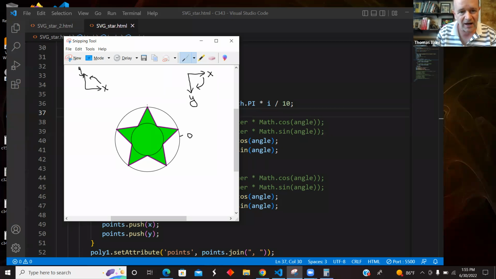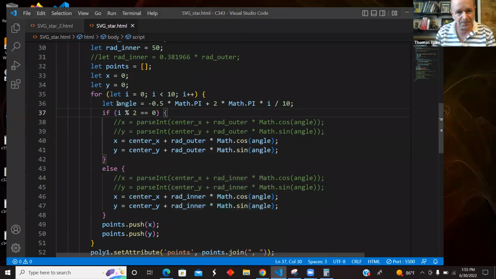So if here is my 0 angle, I'm starting off at minus 90 degrees, or in radians, minus pi/2. That is why I'm starting here at minus pi/2 and then making my way around the circle clockwise.